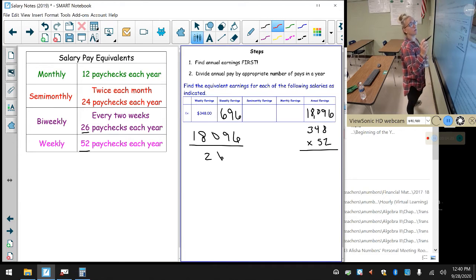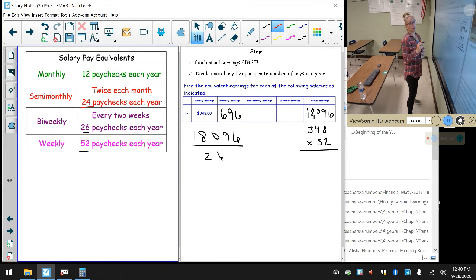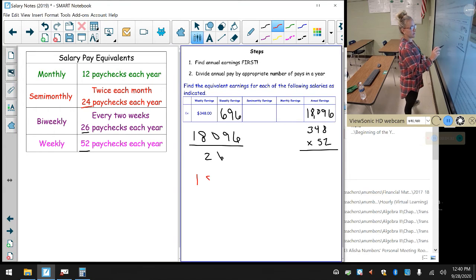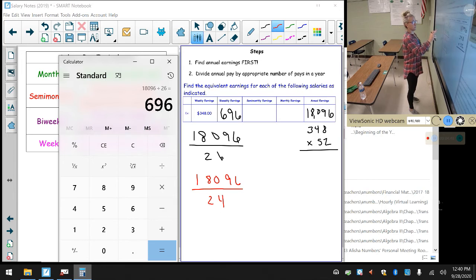Semi-monthly, that's 24 paychecks every year. So I'm going to take 18,096 divided by 24, and that's going to give me 754.